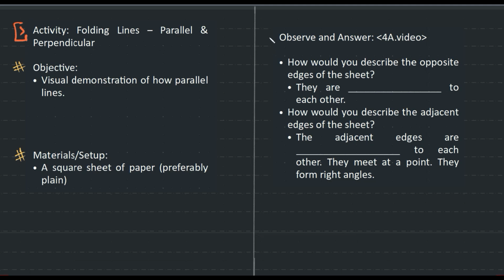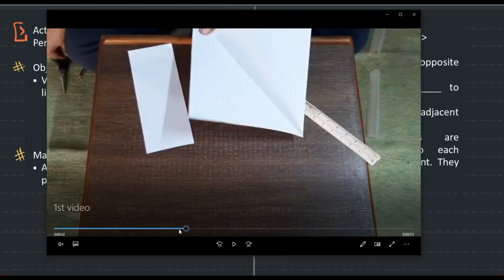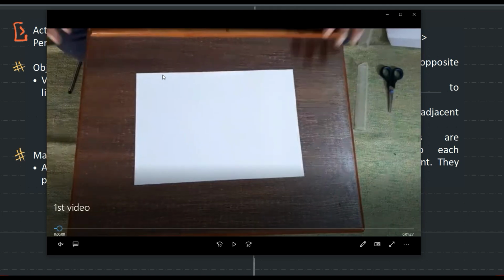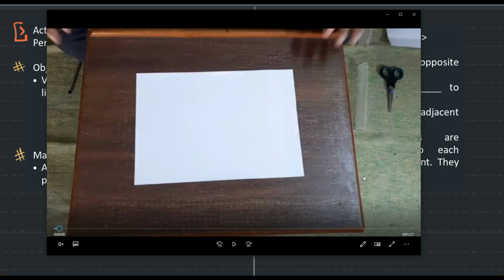Now, how would you describe the opposite edge of the sheet of paper? These are the opposite edges. The top and the bottom, those are your opposite edges.